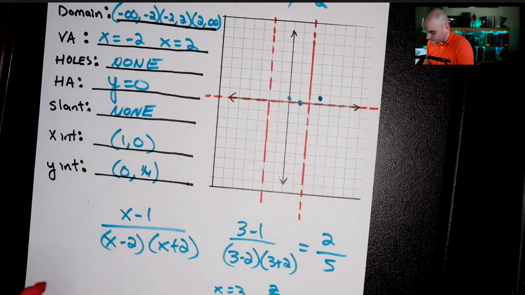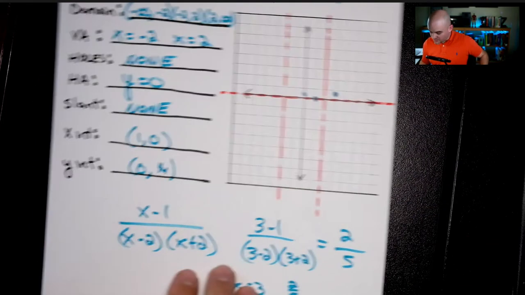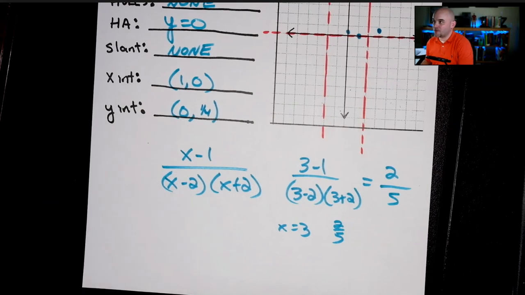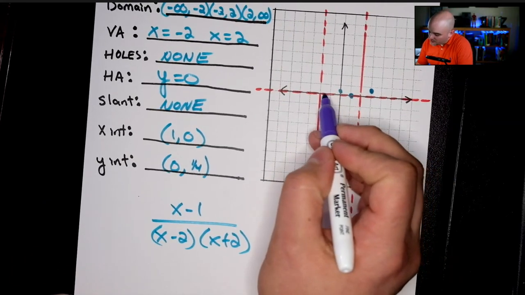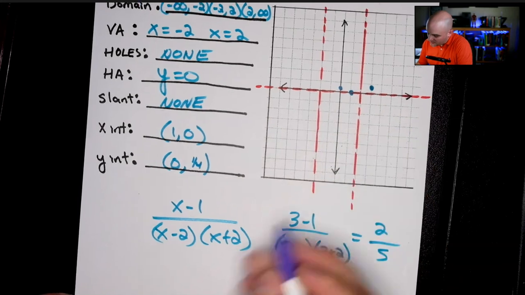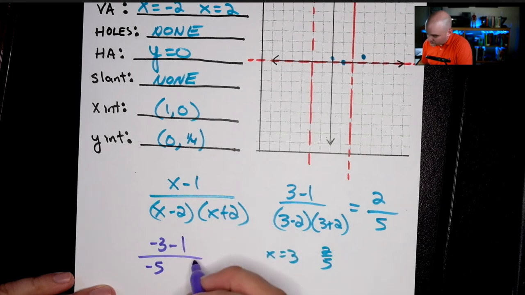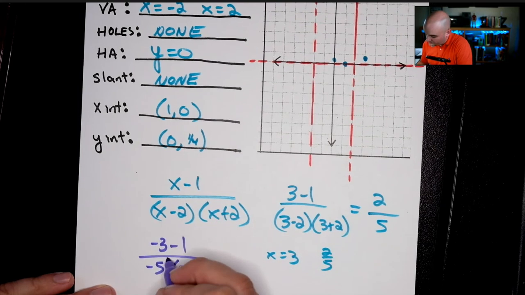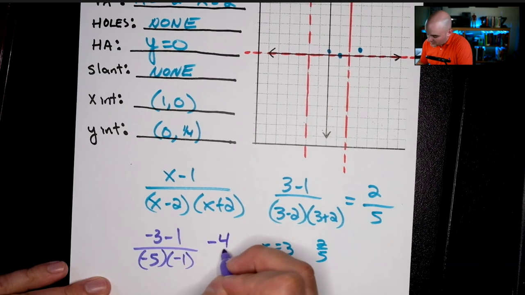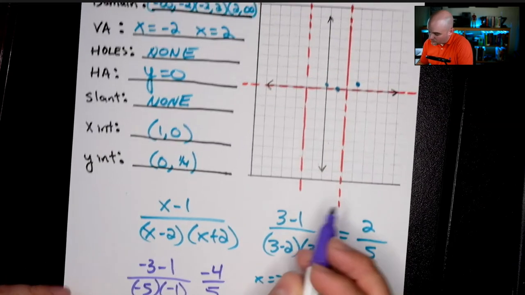Okay. Next one. I'll do a different color because otherwise this all gets messy here. Let's put in negative 3. So negative 3 minus 1, negative 3 minus 2 is negative 5. Negative 3 plus 2 is negative 1. And I end up with negative 4 over 5, so negative 4/5 here.